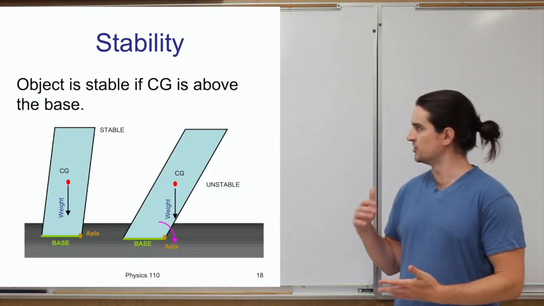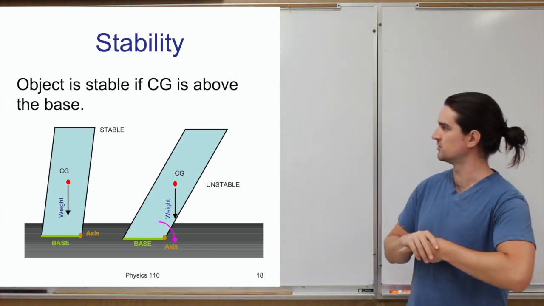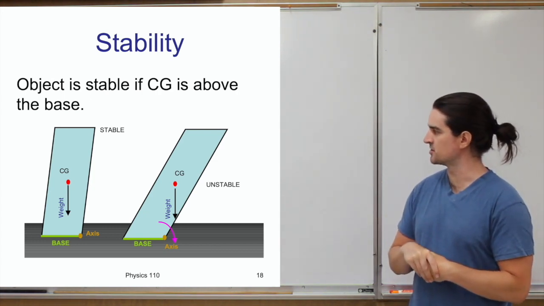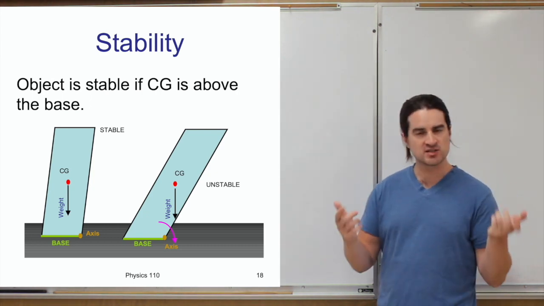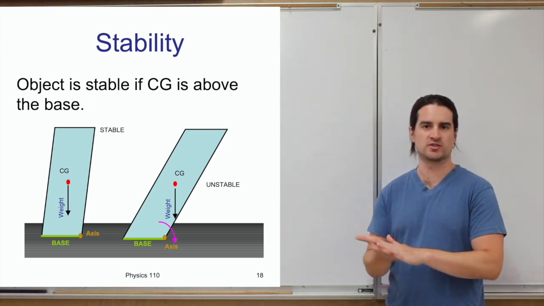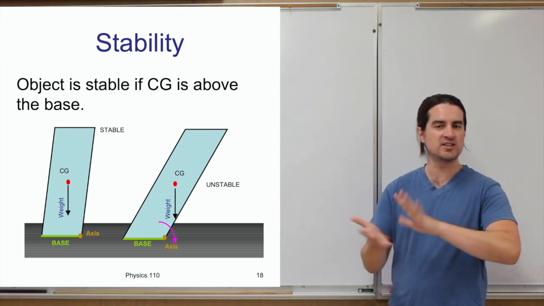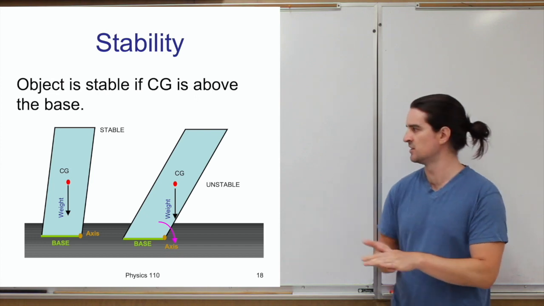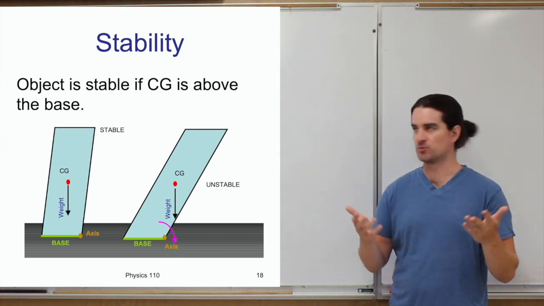So when the center of mass or the center of gravity, same thing for our purposes, is over the base of an object, or the face of an object that's resting on some surface, the object is what we call stable.